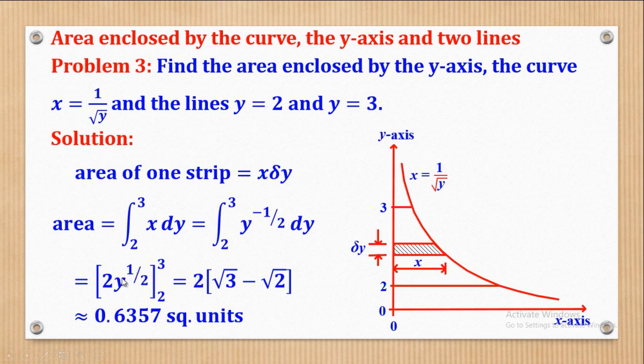Now when I put 3 here, I'll come up with 3 to power half, which is square root of 3, minus, then put the lower limit 2 to power half, which is square root of 2. When I simplify this, I'll come up with my answer as approximately equal to 0.6357 square units. So that is the answer that they wanted.